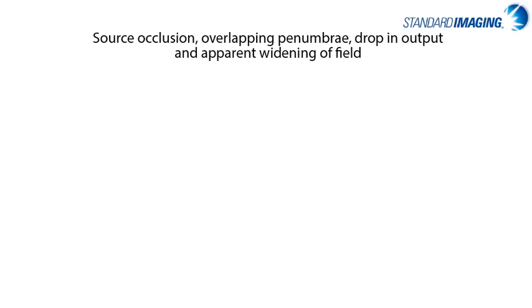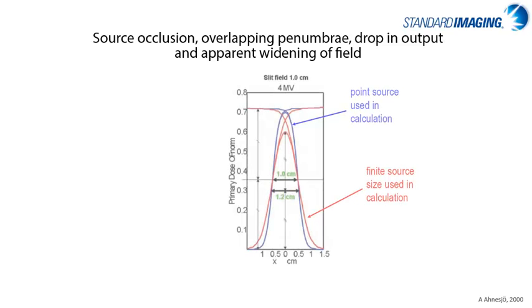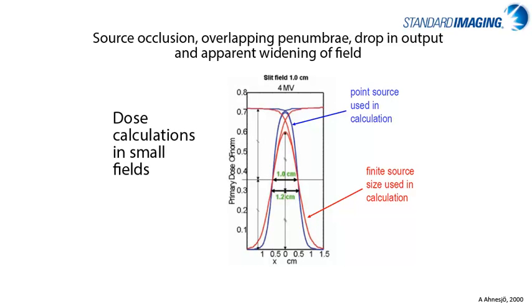Although I could spend an entire webinar talking about each of these characteristics at length, if we consider the conglomerate effect of source occlusion on apparent widening of the field, it becomes clear that the dose as calculated by something like a treatment planning system, which is based on an ideal point source, but in reality, looking at the red lines in this graph, our output does not follow that same curve and has an apparent widening with small fields as well.